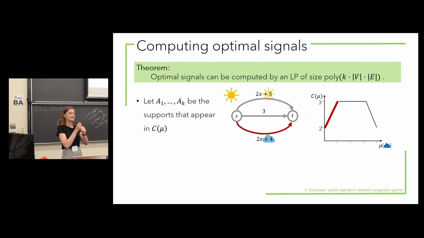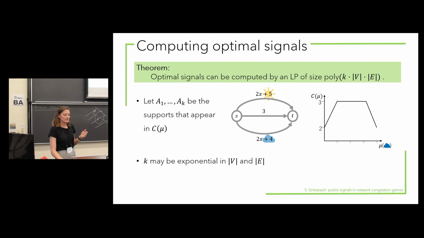So this is the first set of edges that is used in the equilibrium. But as soon as rain becomes more probable, we switch to a different set of edges. So here's the second set of edges which is used, then a third one, a fourth one, and a fifth one. So for this example, we have 5 different supports that are used. So here the K would be 5.